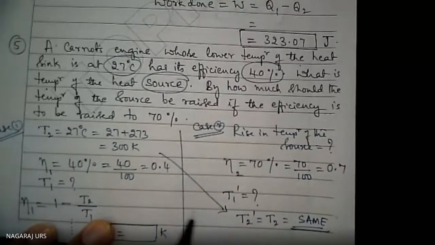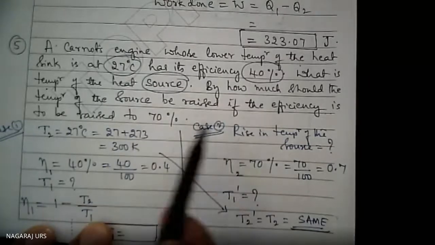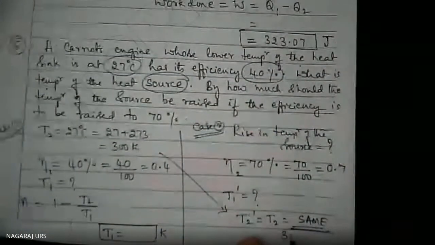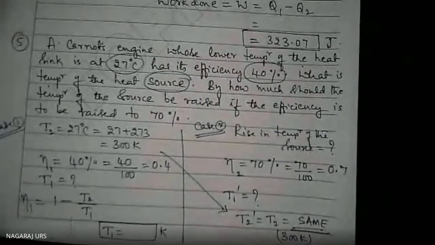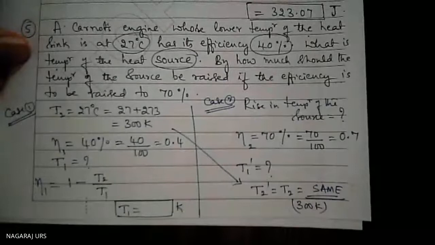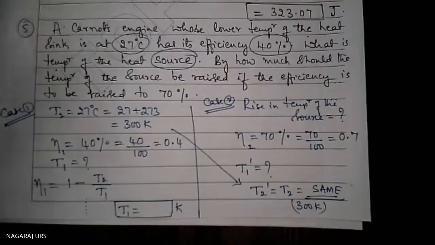Because he didn't mention it, I will maintain that one as constant as it is. Remain same means it is 300 Kelvin. Okay. Written the concepts. I will use this concept here.